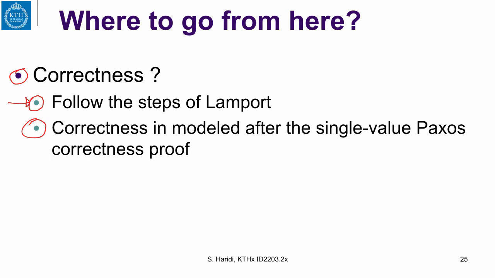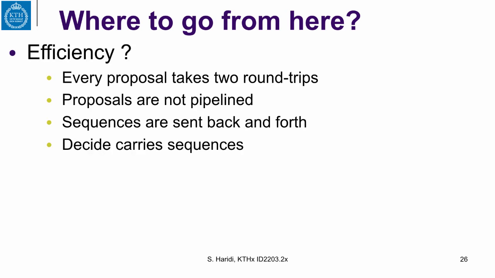So that is fine. But this algorithm has huge efficiency problems. Every proposal takes 2 round trips. As you can see, when a proposer gets a value or a command to propose, it goes to a prepare phase, which is 2 communication steps, and goes through an accept phase, as we said.